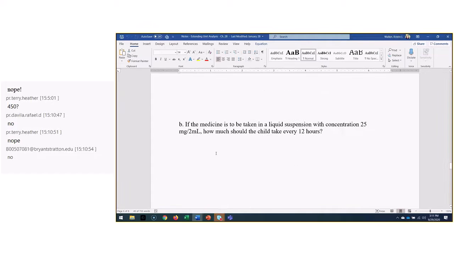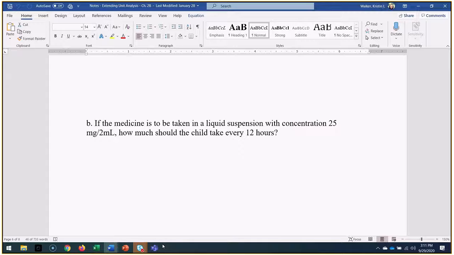All right, so part B says if the medicine is to be taken in a liquid suspension with concentration of 25 milligrams per 2 mLs, 2 milliliters, how much should the child take every 12 hours? So let me get rid of this old question here and fix this a little bit.